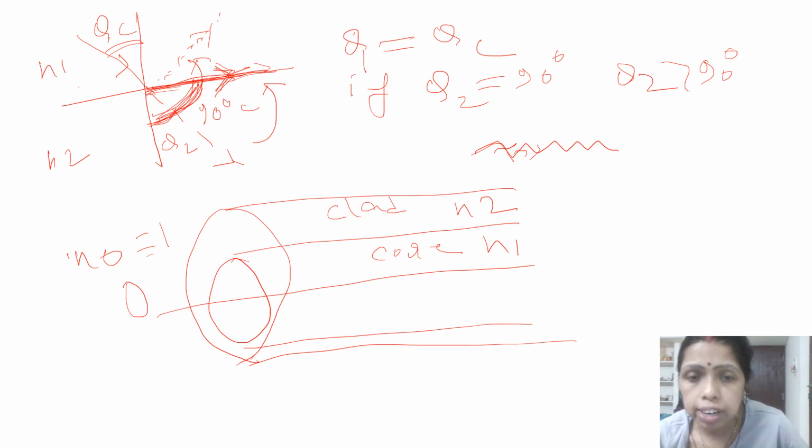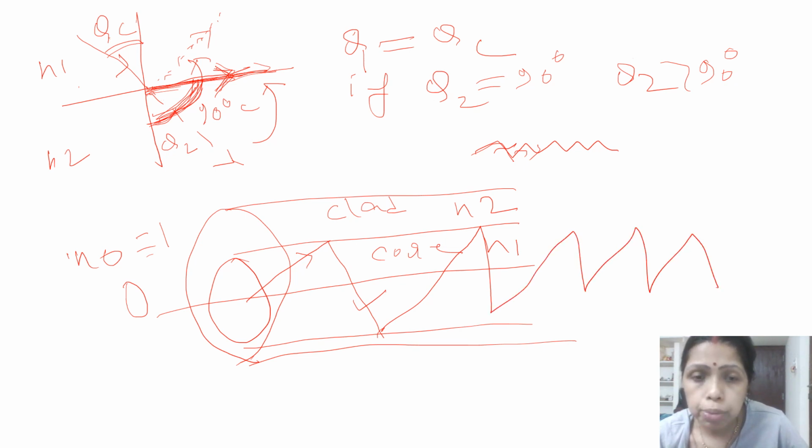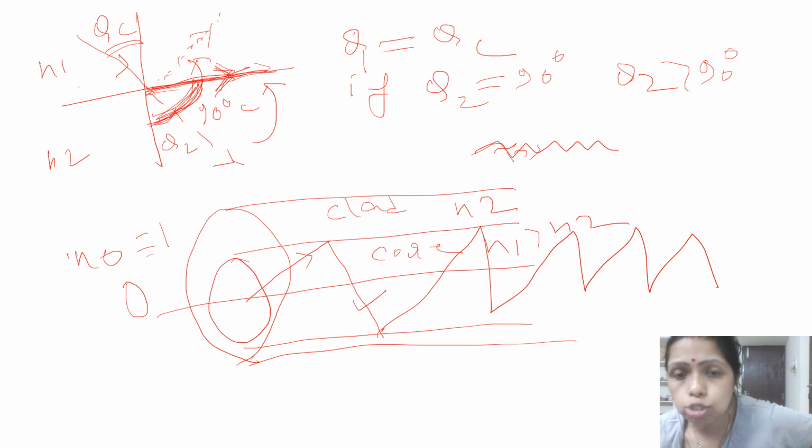It should be reflected from the interface again and again, and in such a way it should propagate. So for achieving total internal reflection, the first criterion is that eta 1 should be greater than eta 2. The core refractive index should be greater than the clad refractive index.